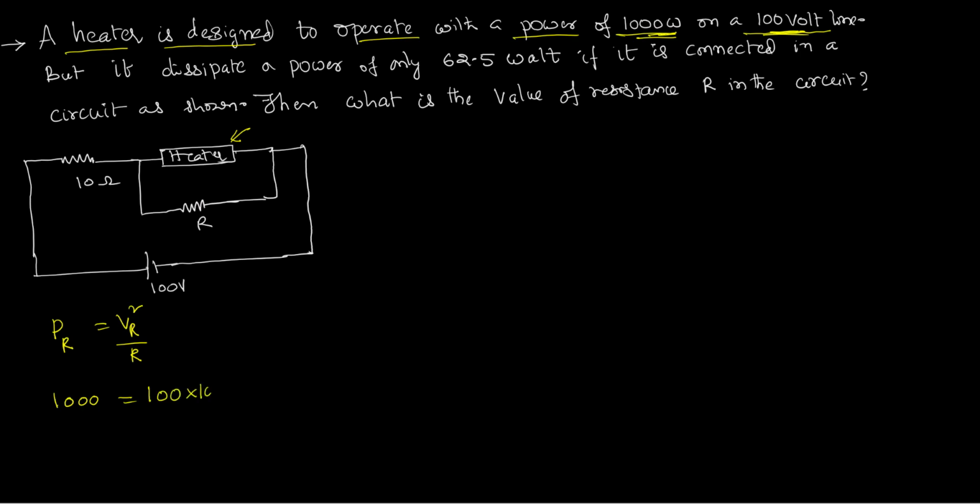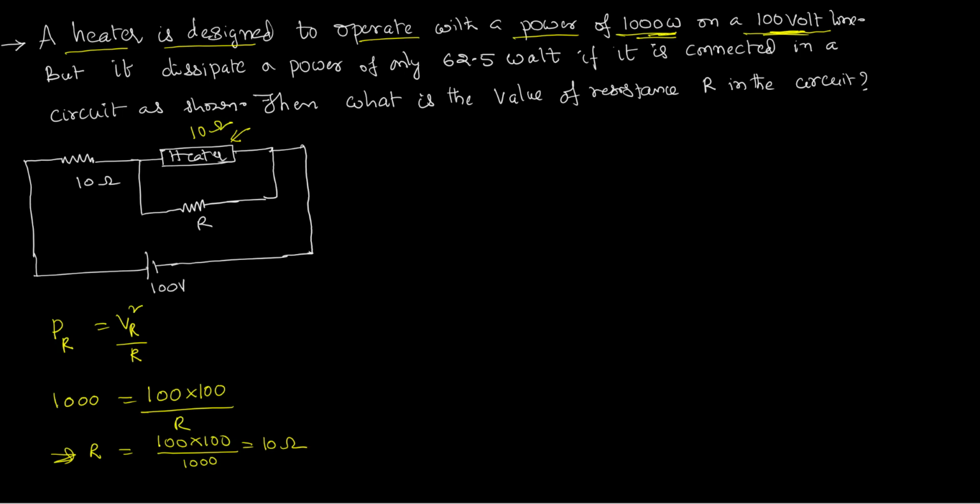Voltage rated square by R as per the above formula. So we can calculate the resistance of that heater as, let's take this R into the numerator and 1000 into the denominator. That is 10 ohms. So the first thing that we have calculated is this heater is having 10 ohms.